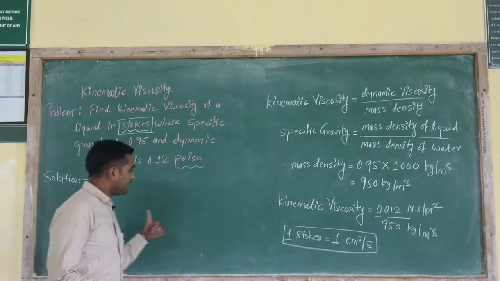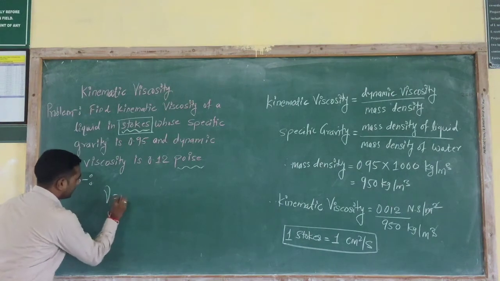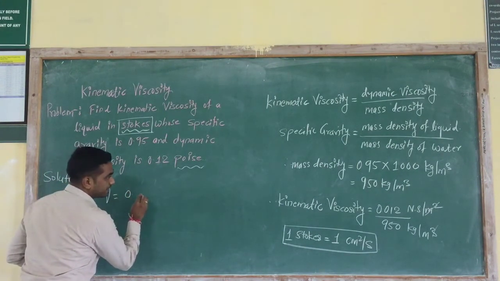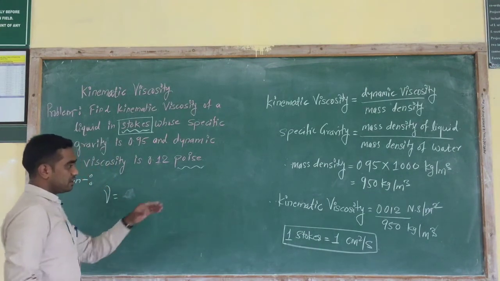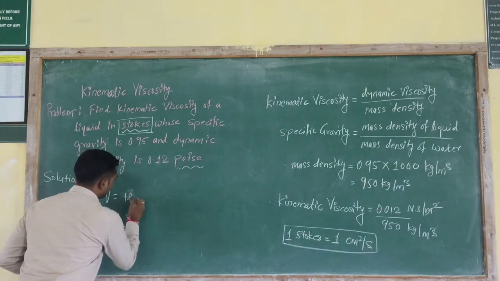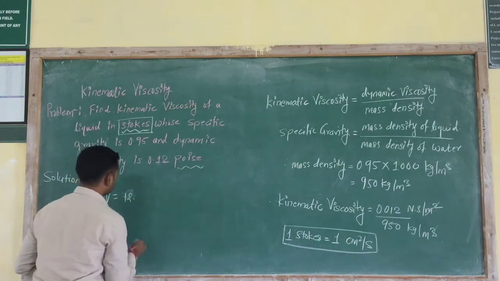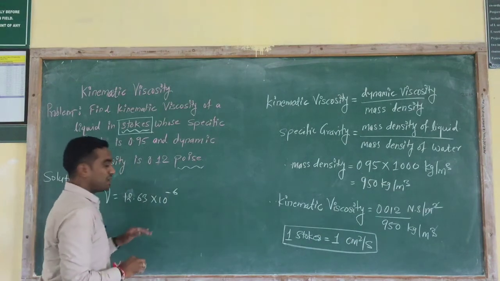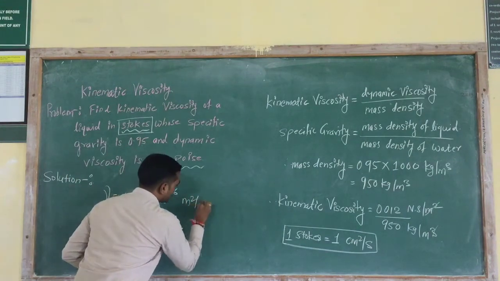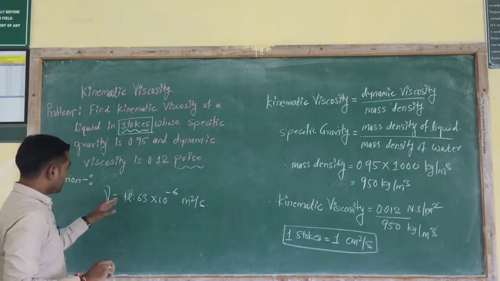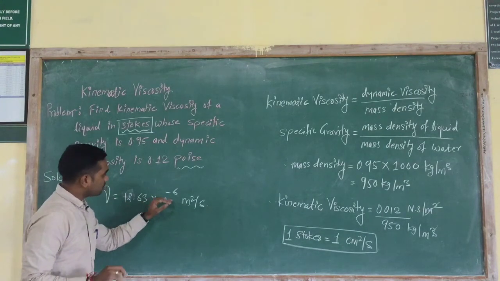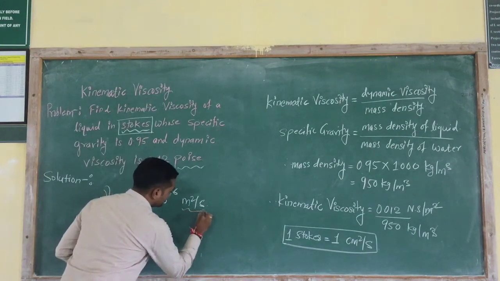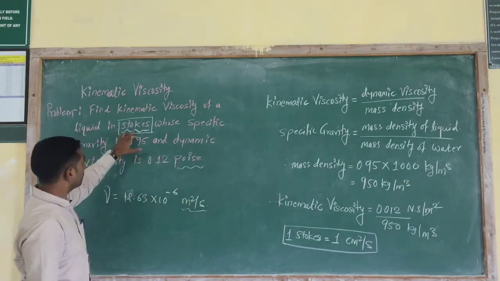So here kinematic viscosity, directly by using this calculation, we will get 12.63 into 10 to the power minus 6 meter square per second. But we cannot use this unit. We have to find the answer in Stokes.